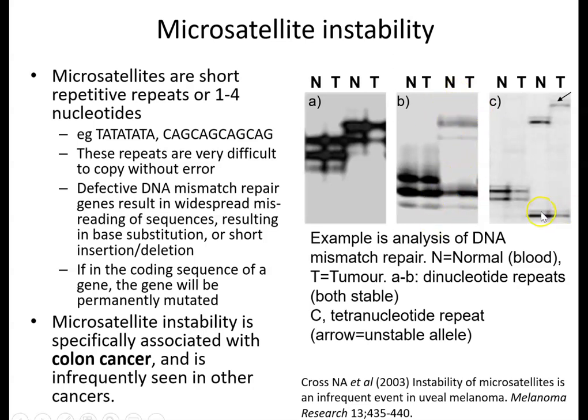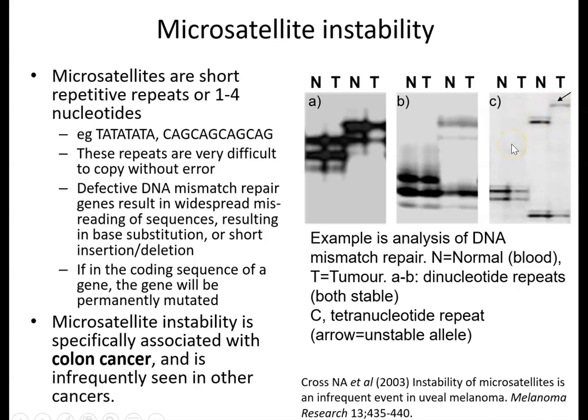In this particular tumour, there's a large allele here in the blood, a small allele in the blood, and when we look at the tumour, this small allele is still there at the same size, but this larger allele here has shifted. Now the reason this has shifted is because the tumour cell is defective in a mismatch repair enzyme and has made a mistake and has shifted this allele by 4 base pairs. So this is what we call microsatellite instability.